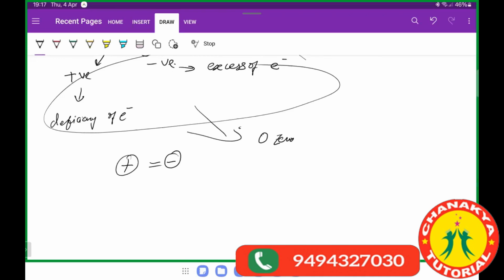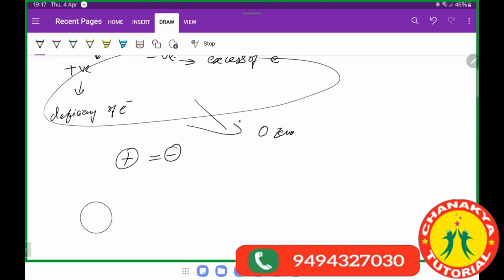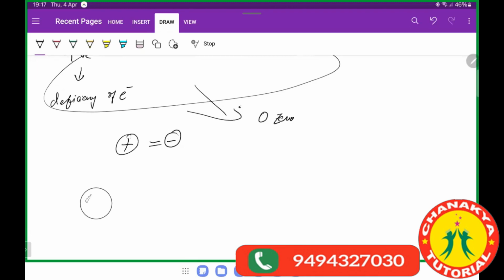That means, in other terms, let's make something here. In this case, electrons fewer than protons is positively charged.